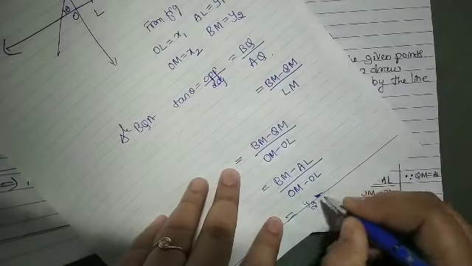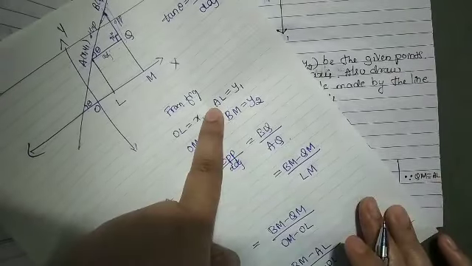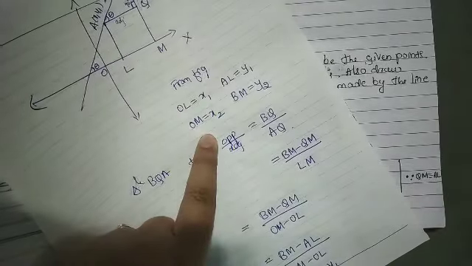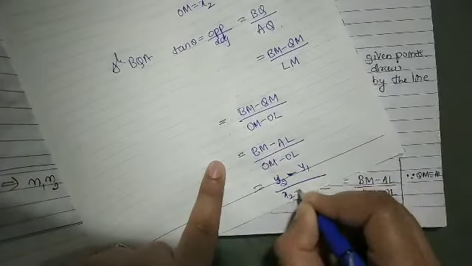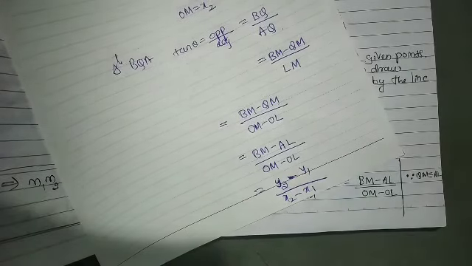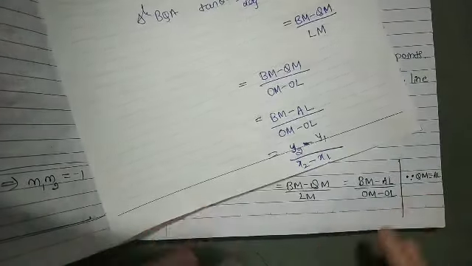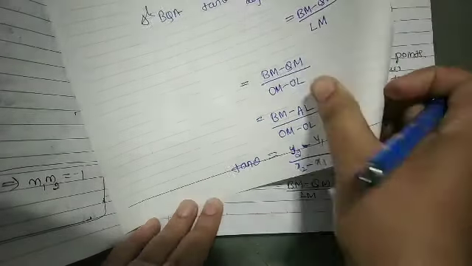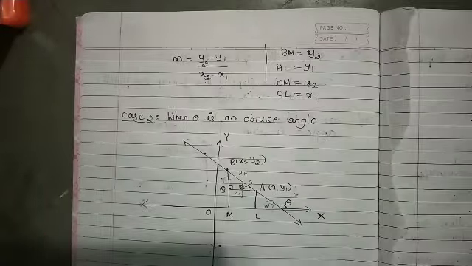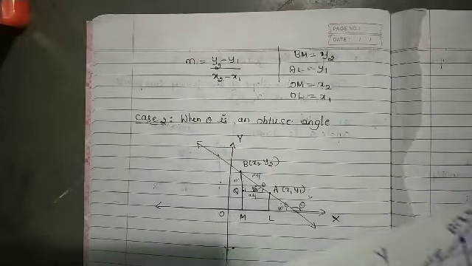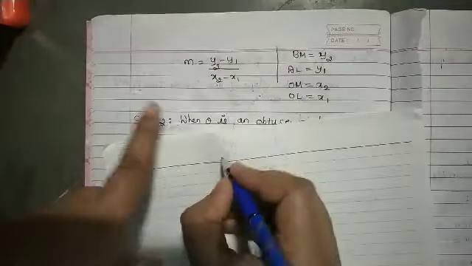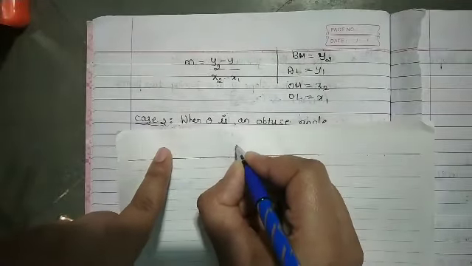Distance AL is y1, distance OM is x2 and distance OL is x1. So this is tan theta. Tan theta is equal to y2 minus y1 by x2 minus x1.